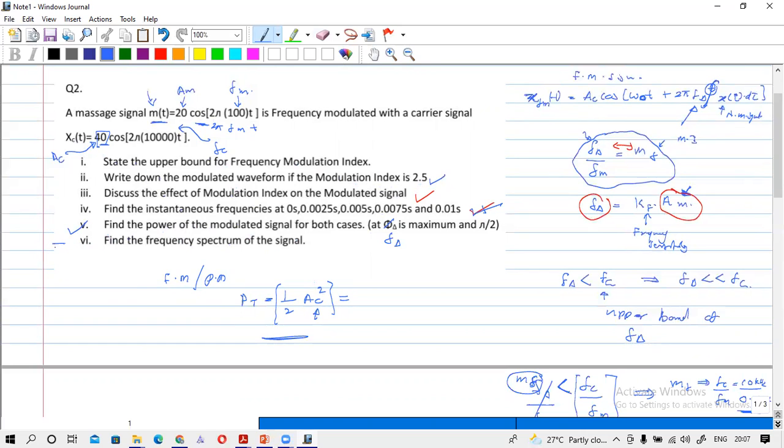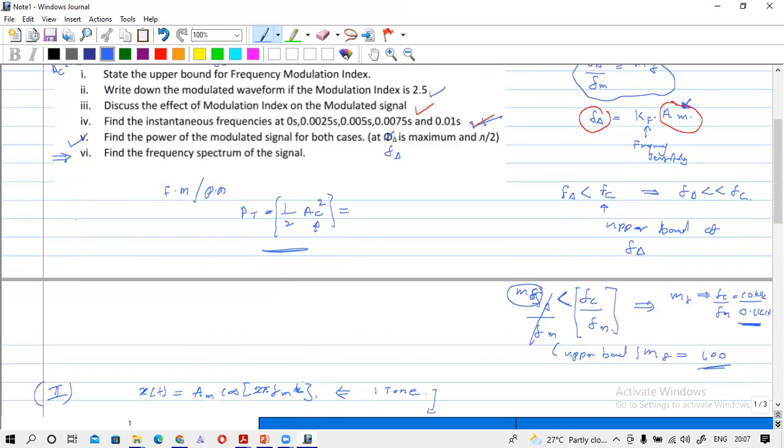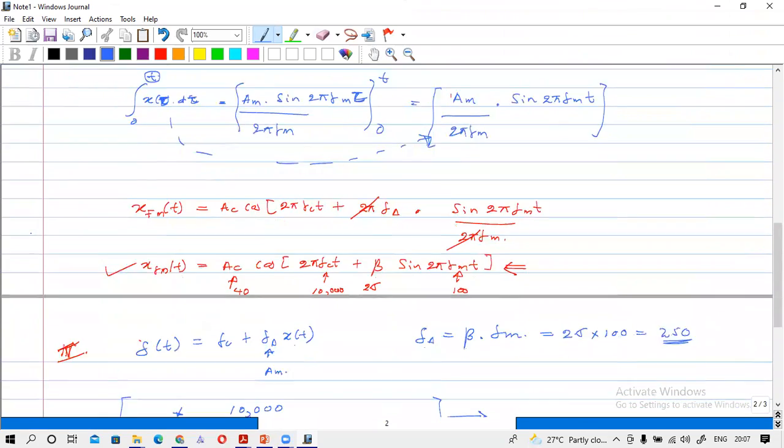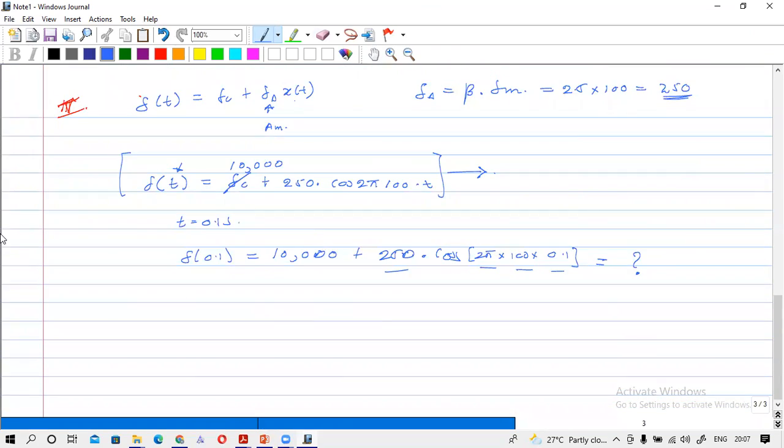Then, find the frequency spectrum of the signal. We have discussed two methods to find the frequency spectrum of a frequency modulated signal.